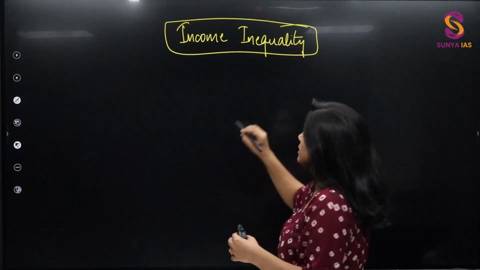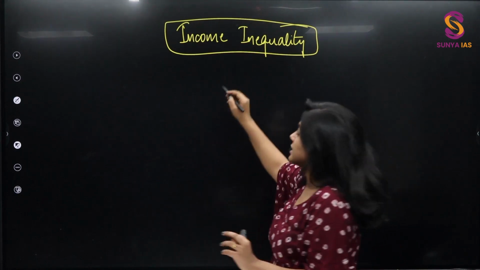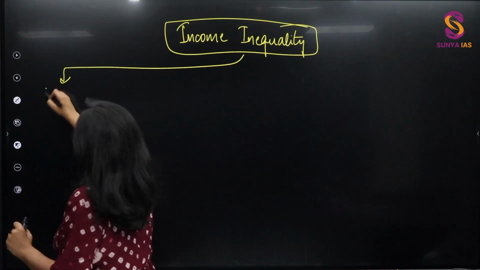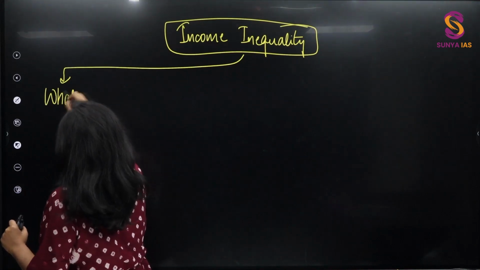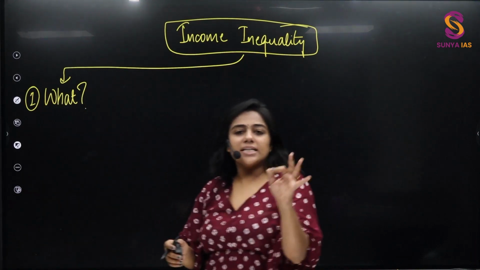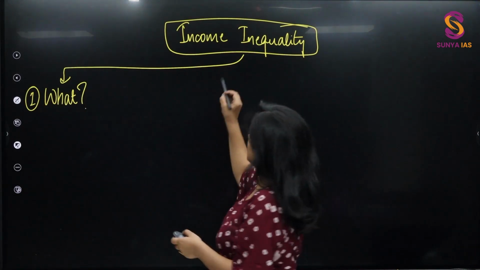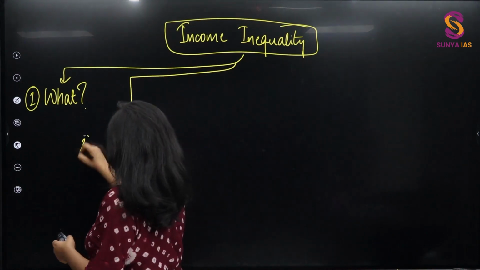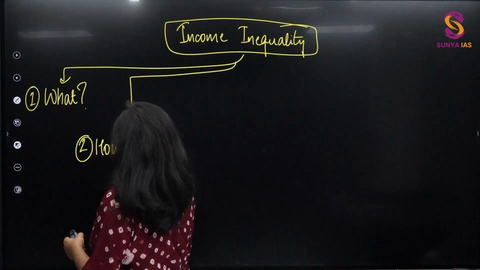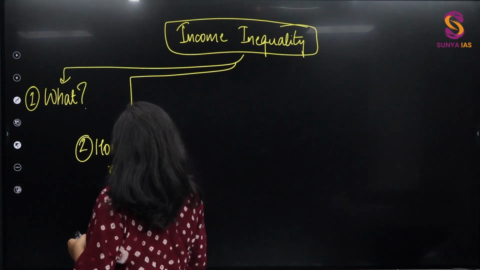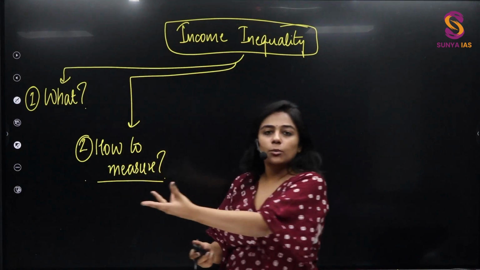So for example, for income inequality as such, first you will define what it is, right? First thing that you will do is, what is income inequality? Second thing which you will define is how to measure income inequality, right?